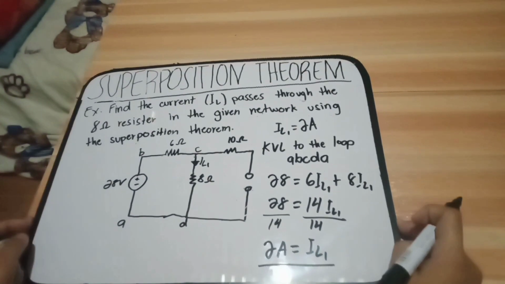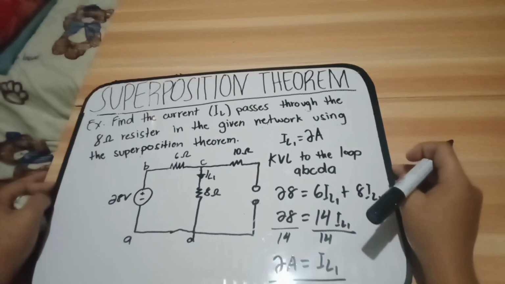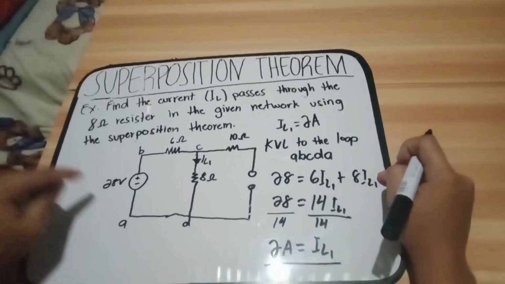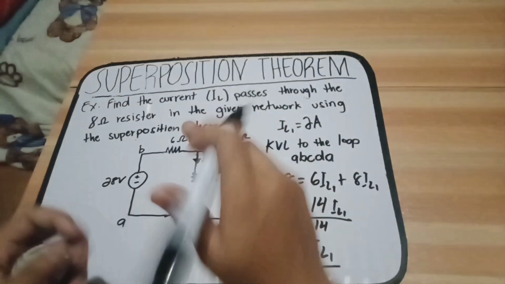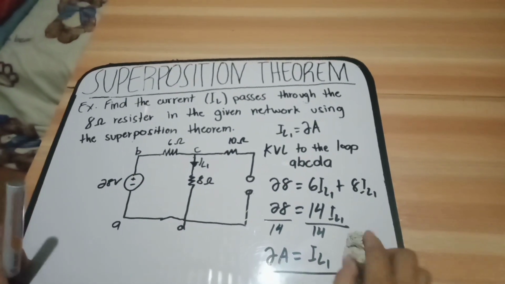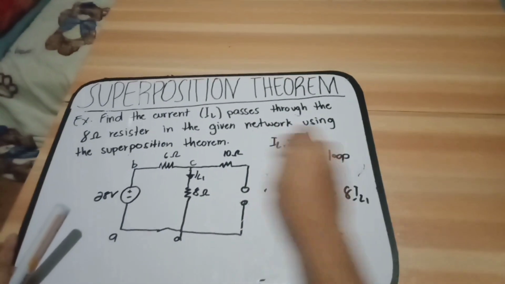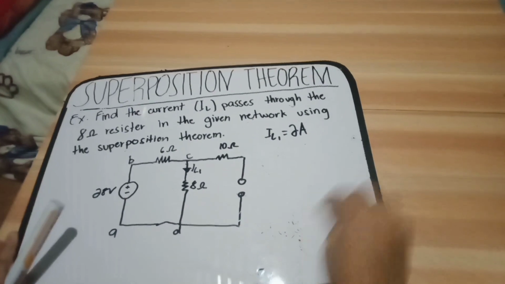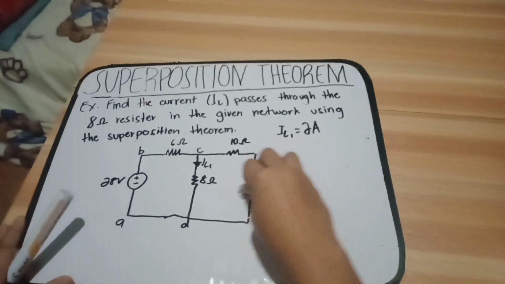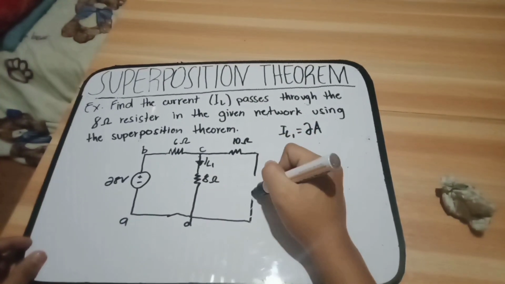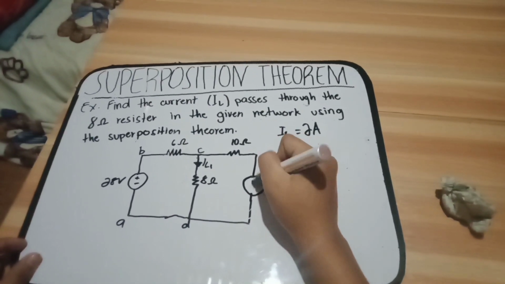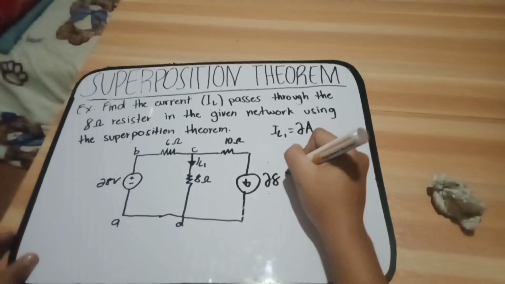Now, we repeat the same procedure for the current source. In this condition, we remove the voltage source by shorting the circuit. Ngayon, buburahin ko na to. Ibabalik natin ang current, which is 28 ampere.